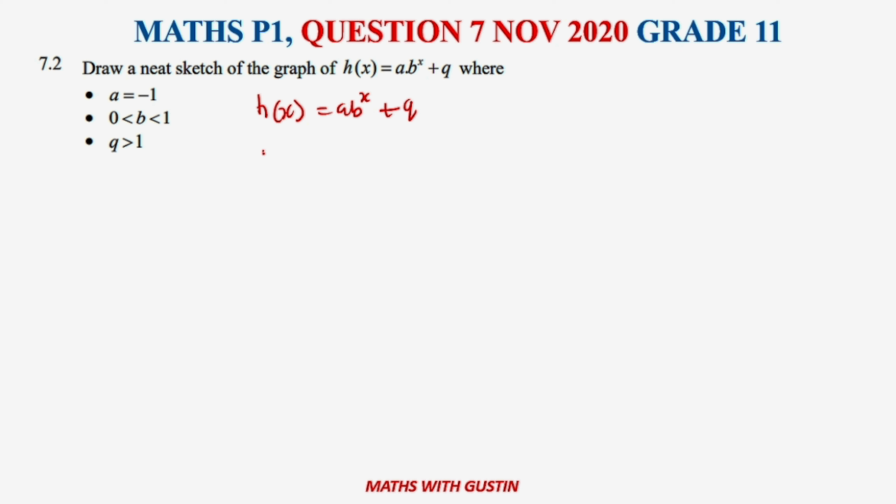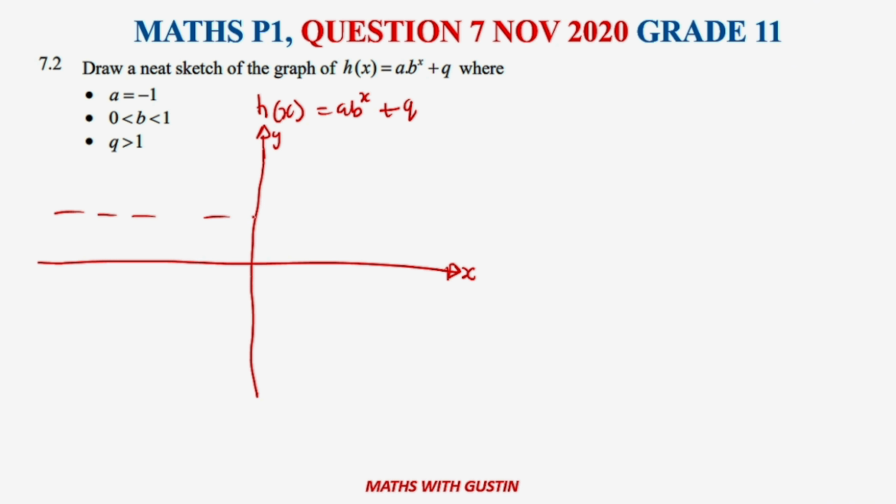So I'm going to draw a neat graph. I know about my lines, guys, please don't mention. This is y, therefore this is x, and for a, it is anything greater than 1. This is the line of asymptotes, which is q.